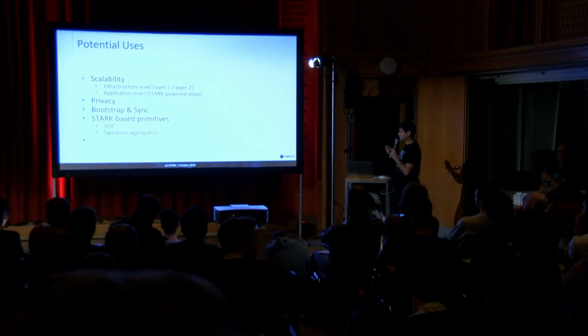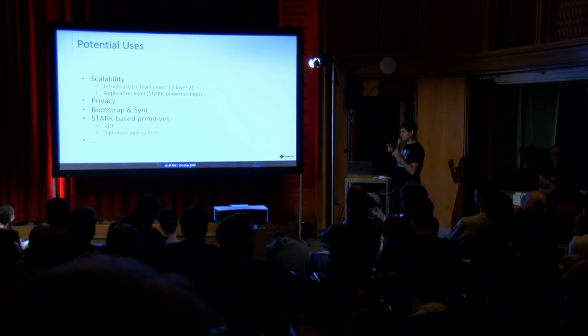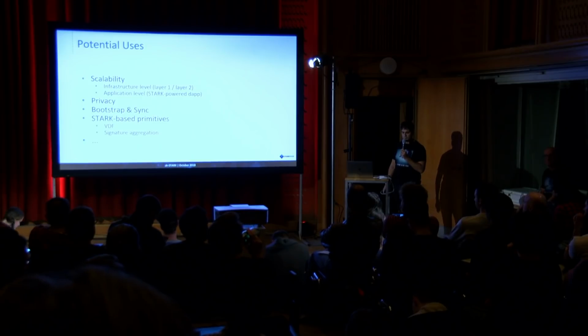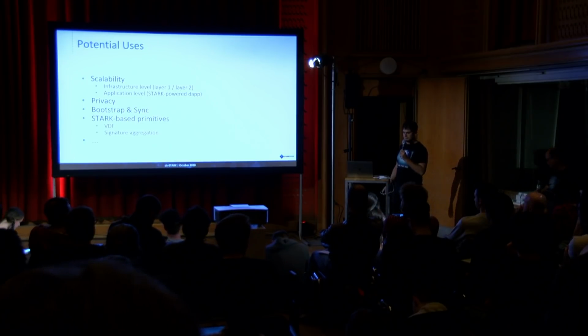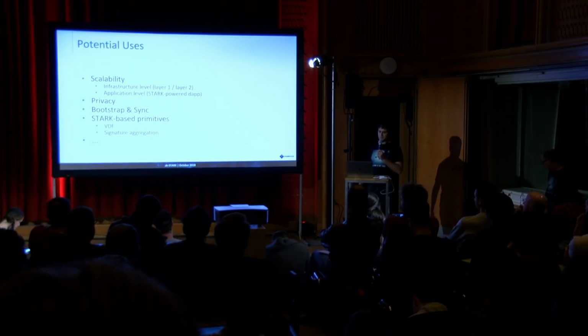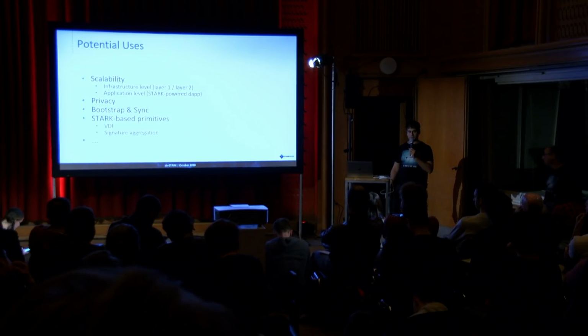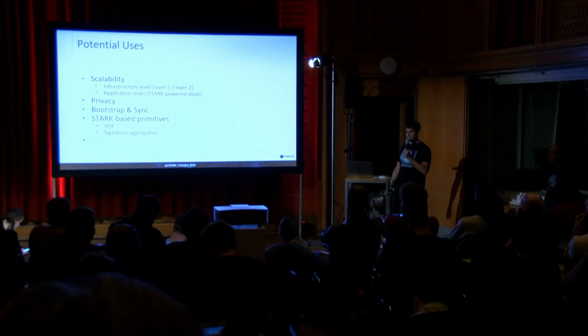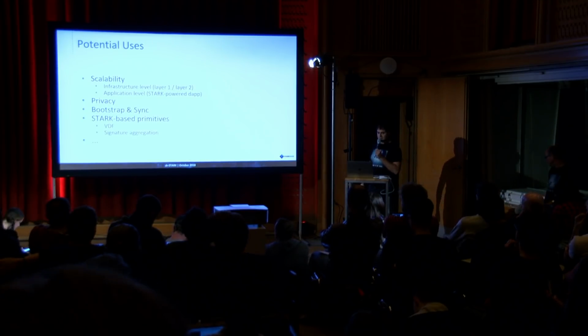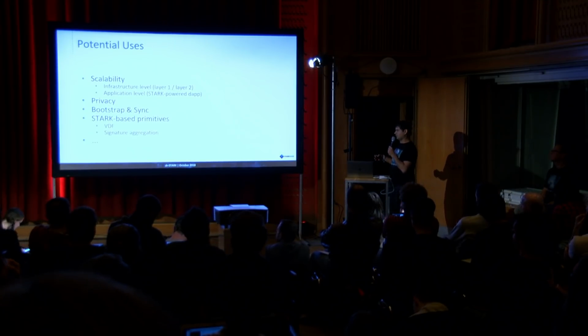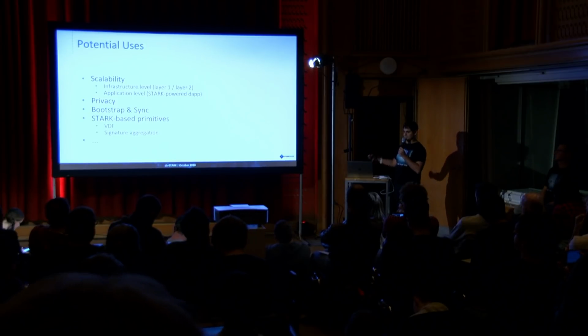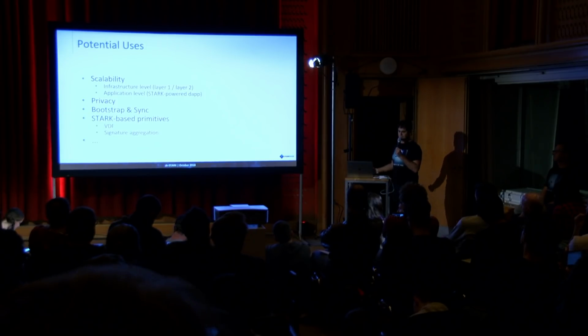Some other well-known application of zero-knowledge proof systems is privacy, and this also can be both on layer 1 or layer 2. We can very well implement shielded transactions over a smart contract. There are other uses which are more on the infrastructure level: bootstrapping and sync.